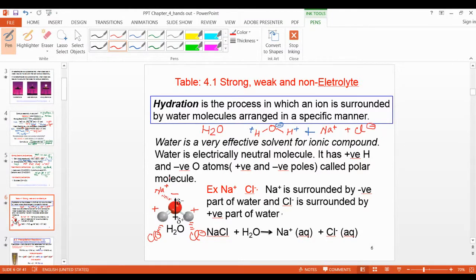how they interact with water, and you know that water oxygen is negative because it is on the right side. All non-metals are always negative charge. Note down please on a paper. All metals are always positive charge. All non-metals are always negative charge. This I already explained in chapter 2 very clearly.